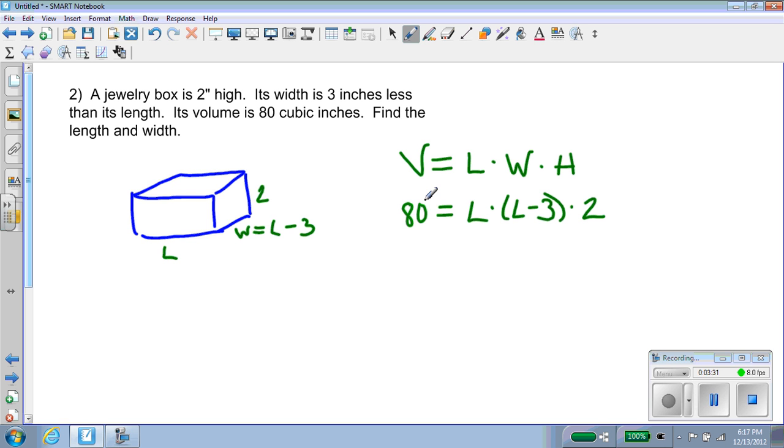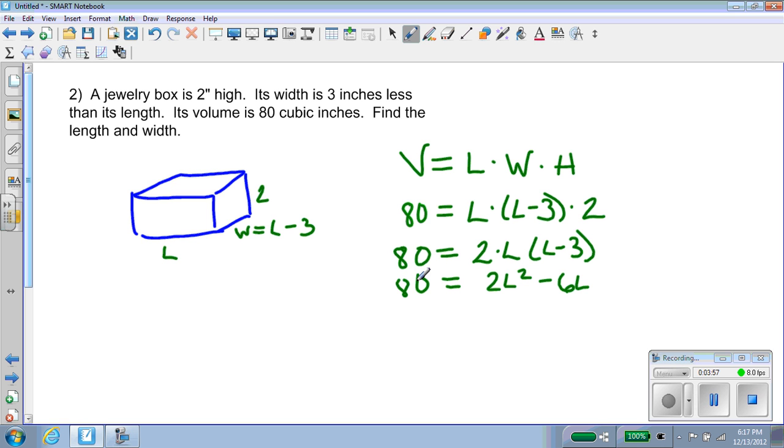Okay, well, this looks like a total mess. So let's do 80 equals, I'm going to write this as 2 times L minus 3. So that would be 2L squared minus 6L.